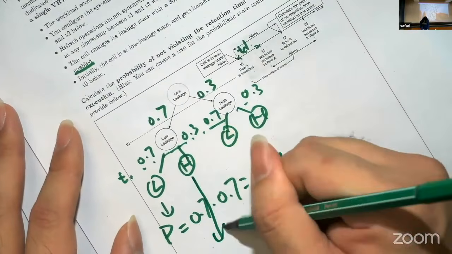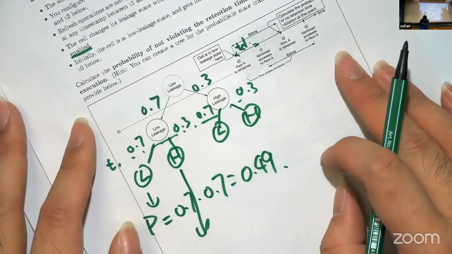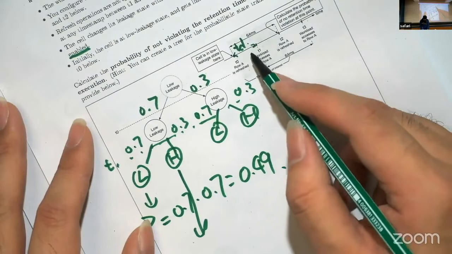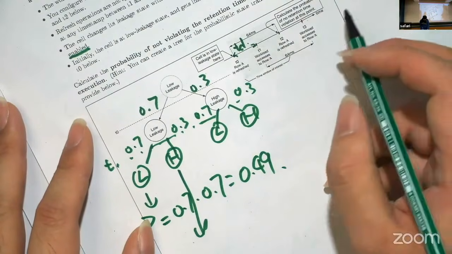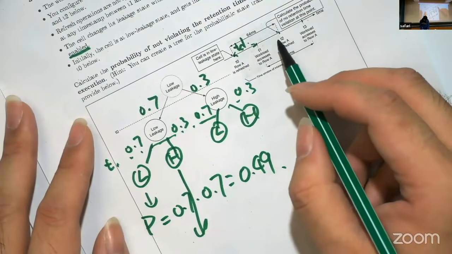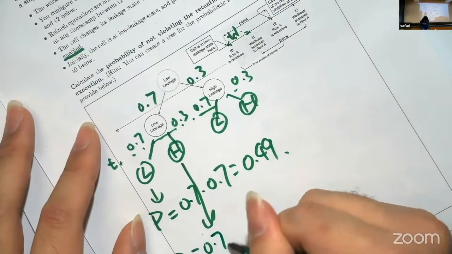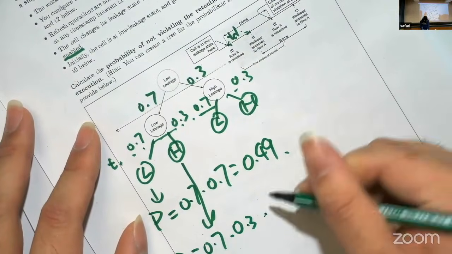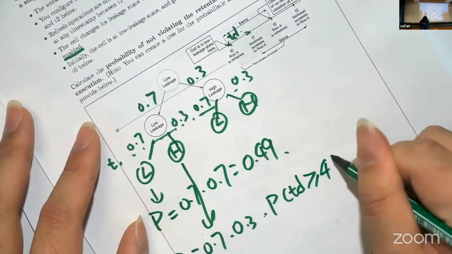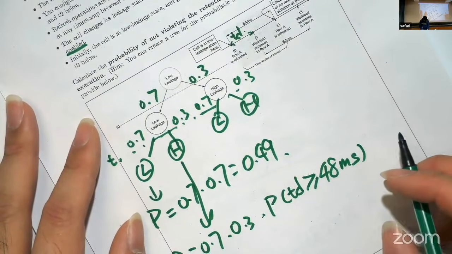So TD should be larger than 48 milliseconds, so that T2 can happen at most 16 milliseconds after T1. So the probability of this is 0.7 times 0.3 times the probability of TD larger or equal than 48 milliseconds.